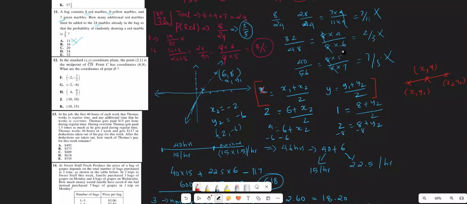So x is 2, y is 1, and one point on the line is provided, that is (6, 8). So you can replace x1 and y1 with 6 and 8. So 2 is equal to (6 plus x2) by 2, and 1 is equal to (8 plus y2) by 2.